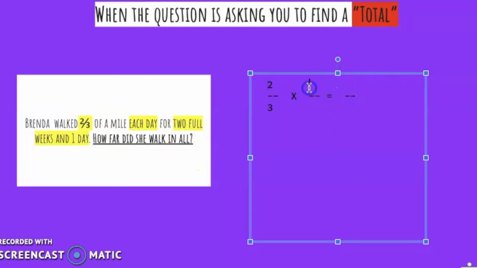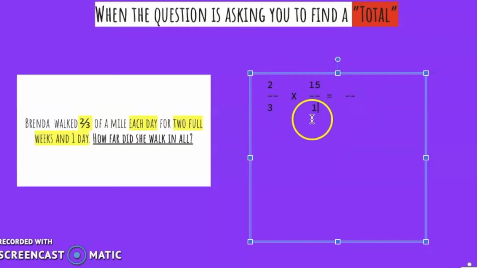And we already said that 2 full weeks is 14 days plus one extra day, that's 15. Okay, I already know that I cannot multiply a whole number by a fraction. So in order to turn this whole number into a fraction, I simply put it over a 1. Okay, anytime you have a whole number, you guys know that you just need to put it over a 1 to turn it into a fraction.